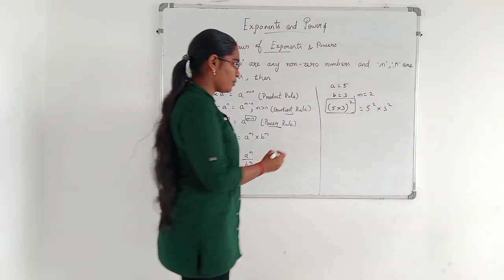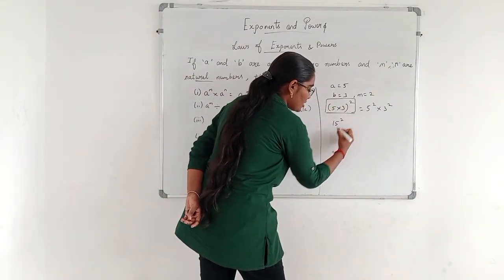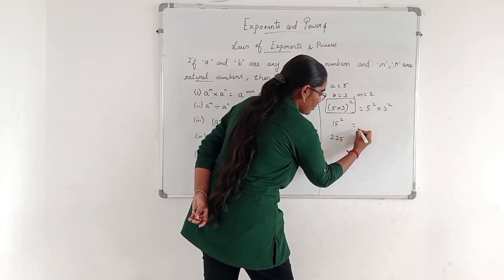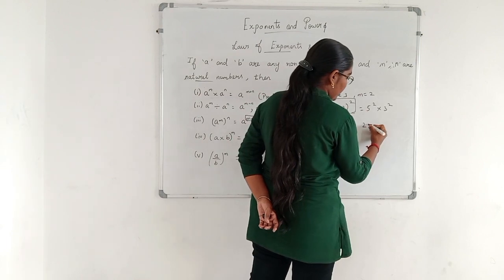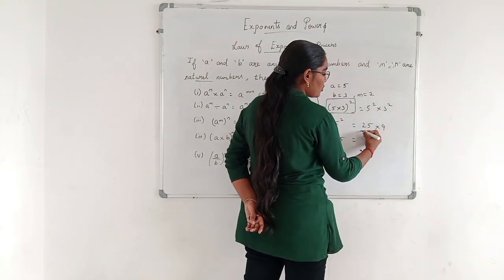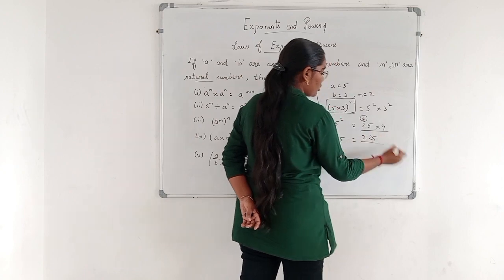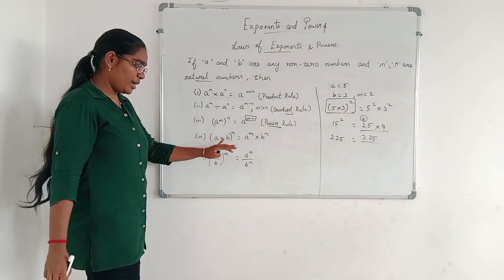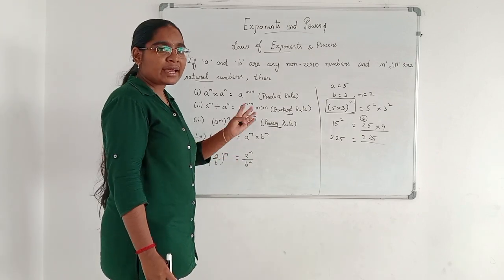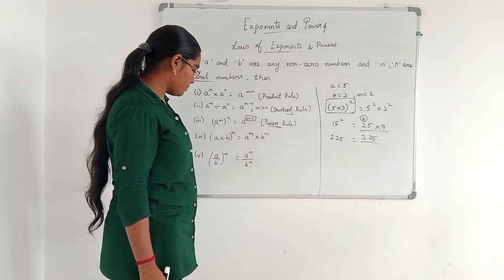Let's check it now. 5 into 3, what will you get? 15. So 15 square is 225. Okay, so 5 square is 25. 3 square is 9. So 25 into 9, 225. Okay, so a into b whole to the power of m can be written as a to the power of m into b to the power of m.